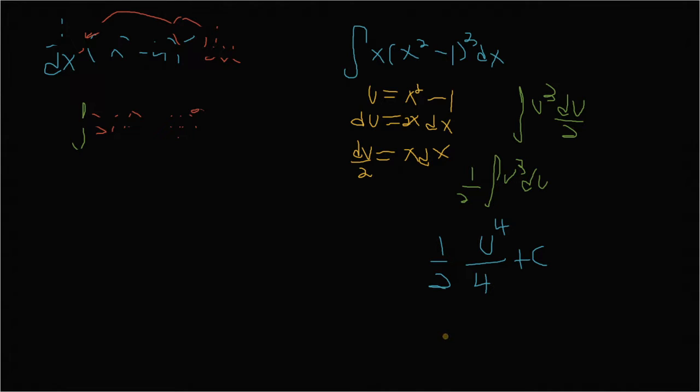So we have 1/8 times (x squared minus 1) to the 4th, because this is u and we're raising it to the 4th power, and then we can't forget the plus c, and that is it.